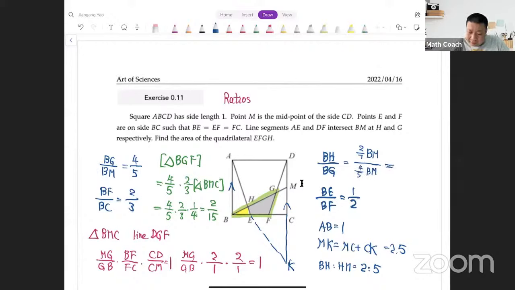So that is 35/8, right? And so we have 35/8. Now what we need to do is the area of triangle BHE versus the area of triangle BGF, what is the ratio?